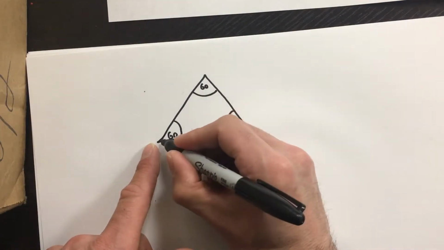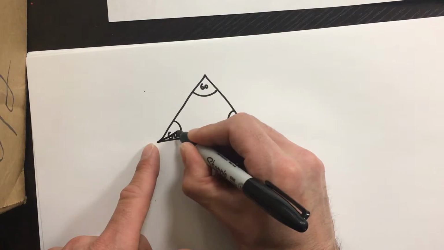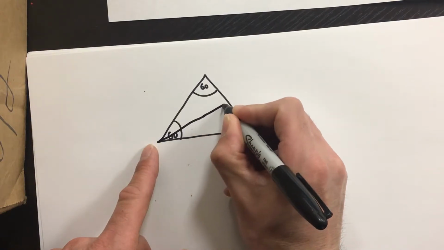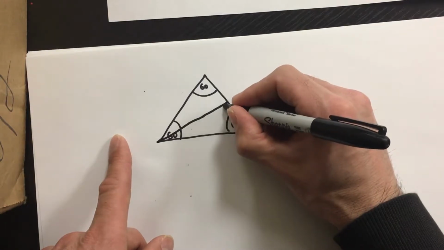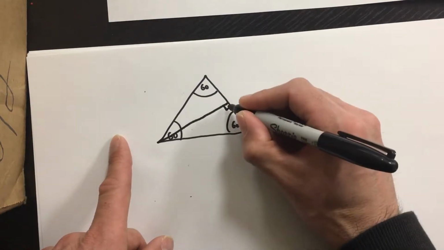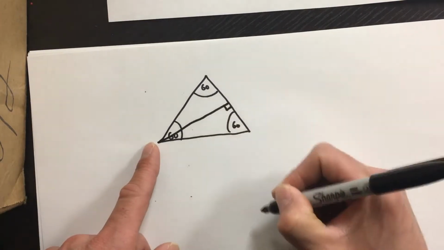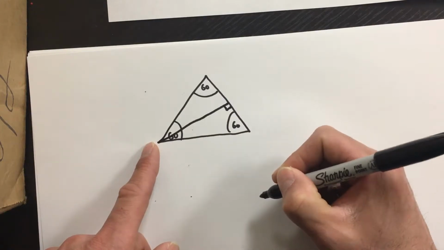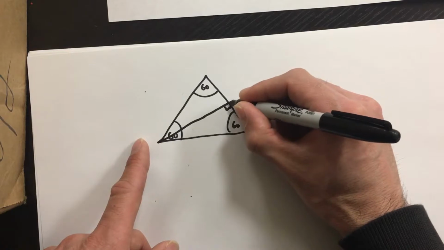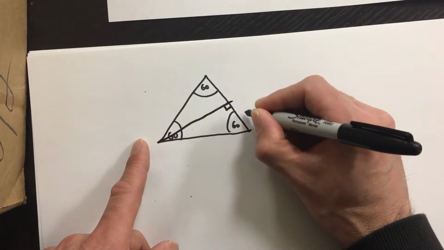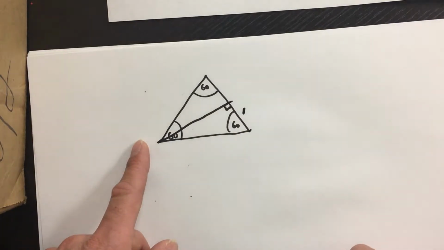Okay, now we're going to bisect that angle. And by the symmetry of our equilateral triangle, you can see that it's going to land here at a right angle at the halfway point. All these side lengths are the same. Let's call this, because it's the shortest length here, let's call that 1 unit.